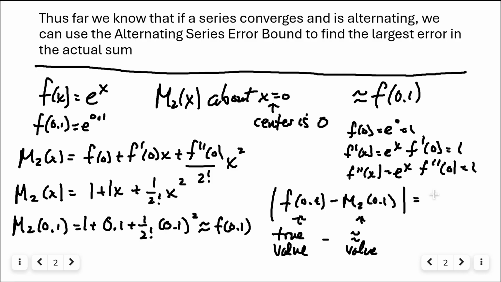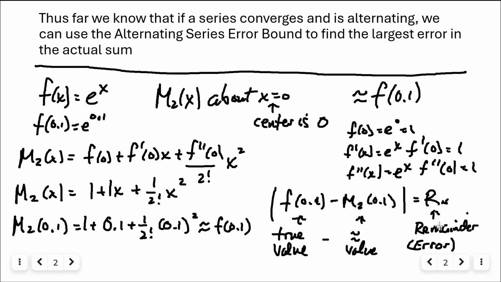Well, that would give me the error, or, as they like to call it, the remainder. This is the error in the true value. How far off are you from the correct answer?